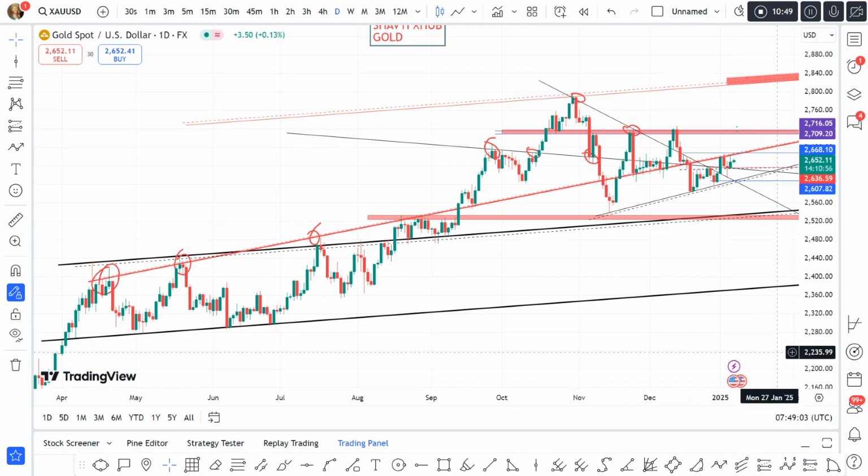You will see a clean breakout and retest. And that was why the selling yesterday was rejected at some point. So at the 2643 level, selling was rejected and the market closed above the month floor.